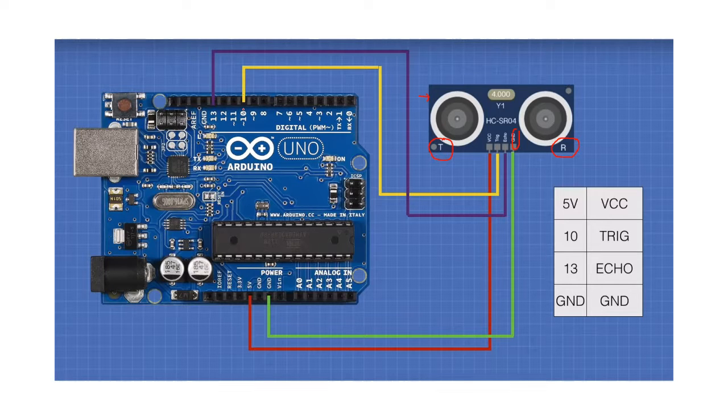In this particular case, the triggering has been connected to pin 8, and the echo is connected to pin number 13. And then there's ground, which is also connected to the ground. So you can see that this is how we connect this kind of sensor to the Arduino for us to start using it.